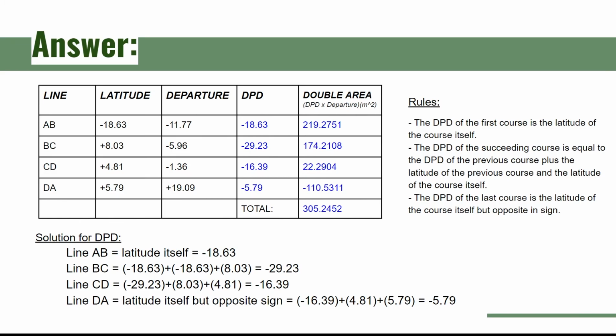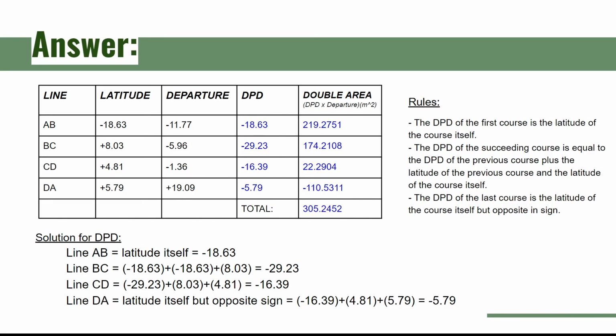So the DPD of the previous course, negative 29.23, plus the latitude of the previous course, positive 8.03, plus the latitude of the course itself, positive 4.81, will give us the sum of 16.39, which is the DPD for line CD. For the last line, the DPD is simply the latitude of the same course but opposite in sign. So since the latitude is positive 5.79, then the DPD is negative 5.79 for line DA. This is stated in the third rule in the DPD method.